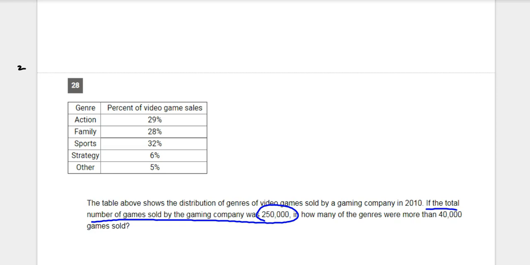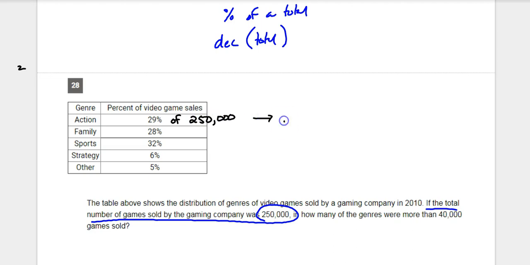Whenever you want to find the percent of a total, you can just change the percent into a decimal and multiply it by the total. That's the shortcut. So if action games represent 29% of the 250,000 games, what number is that?